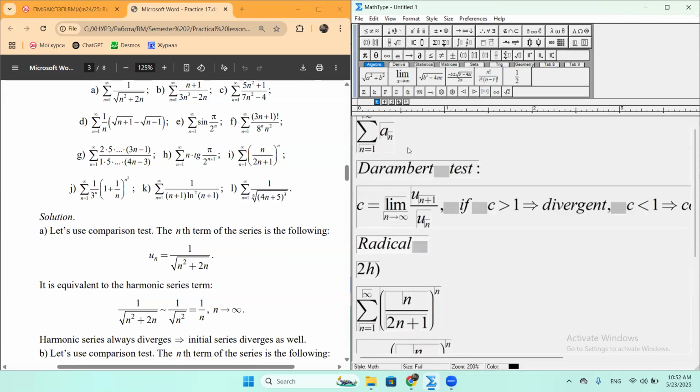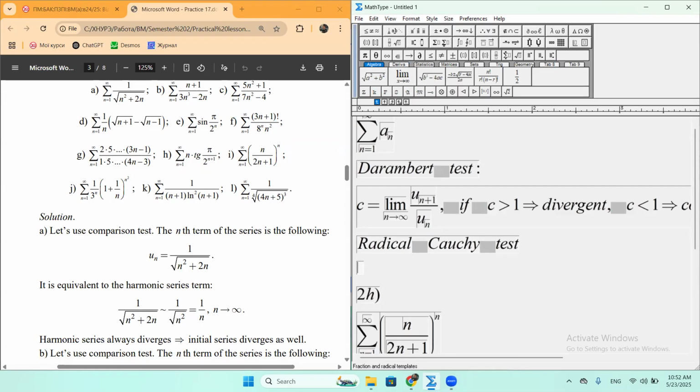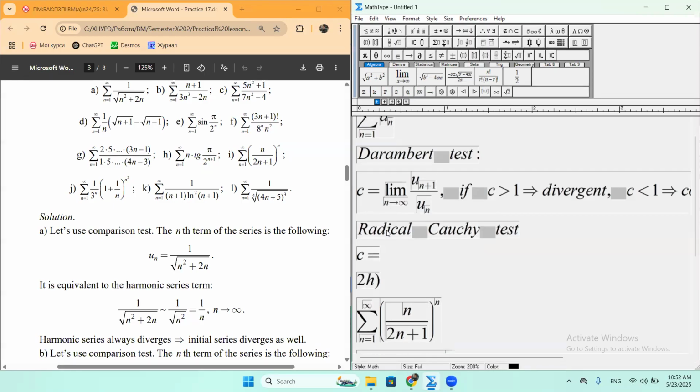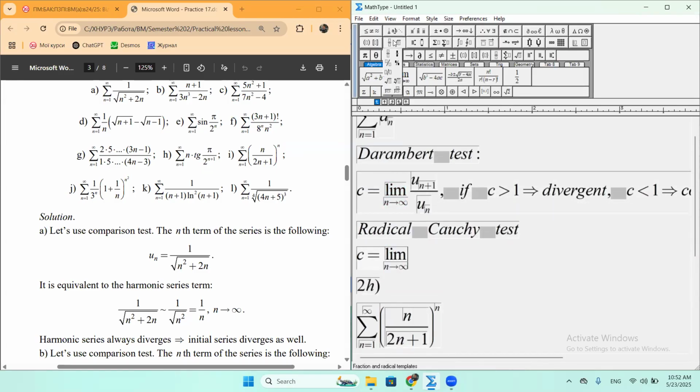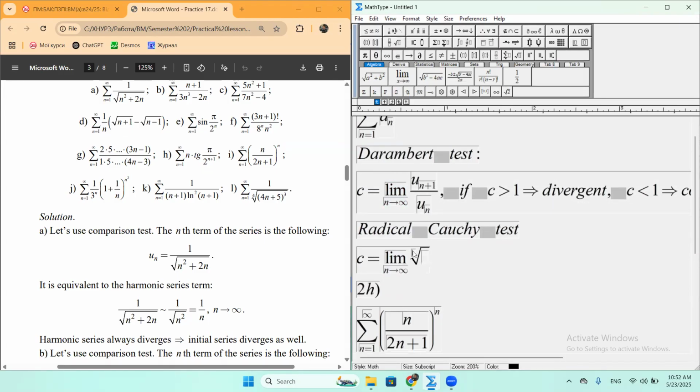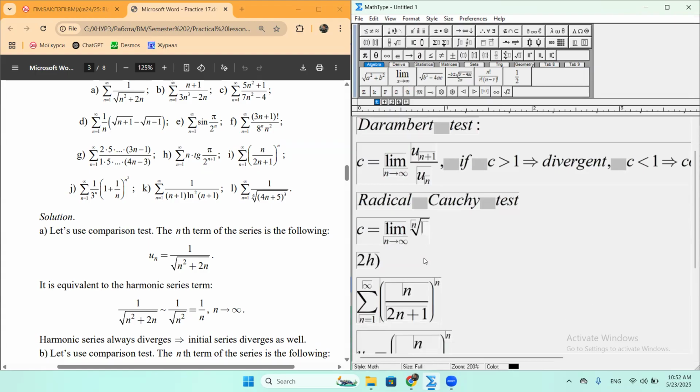Let me remind you how to use it. So we will have to calculate the following limit. When n approaches infinity, the limit of the root of power n of the nth term.